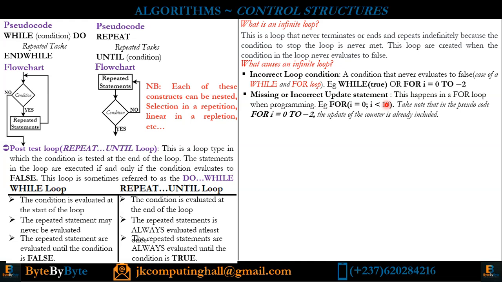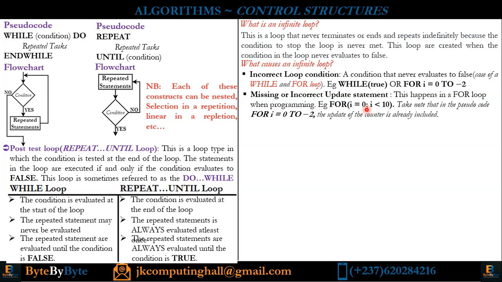In programming, especially in C, I will say for I equals 0, I less than 10, then I specify that I should be increasing by this value or this value. And now, in case I do not specify this, it means that the value of I does not know how it's going to behave, whether it should increase or decrease. And as such, I will remain 0. And since 0 is always less than 10, that is how we are always going to have an infinite loop.